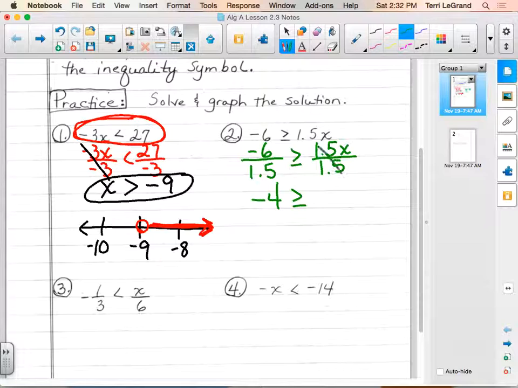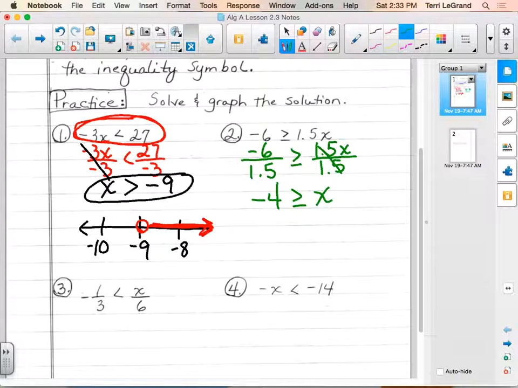And we have our x by itself. So we don't reverse the symbol because we didn't divide by a negative. Yes, we divided into a negative, but that's not the rule. The rule is by a negative.